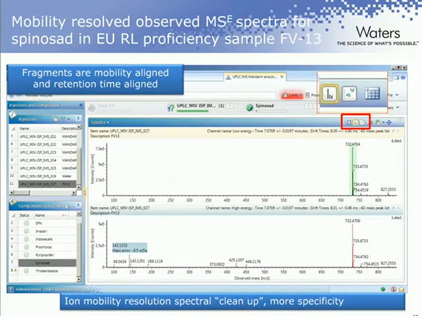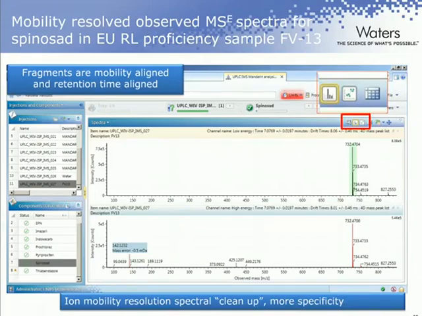Now, let's think about actually what we're acquiring here and what we're doing. We're performing UPLC separation, then we're performing ion mobility separation, and then we're performing fragmentation of those precursor ions that are ion mobility separated.